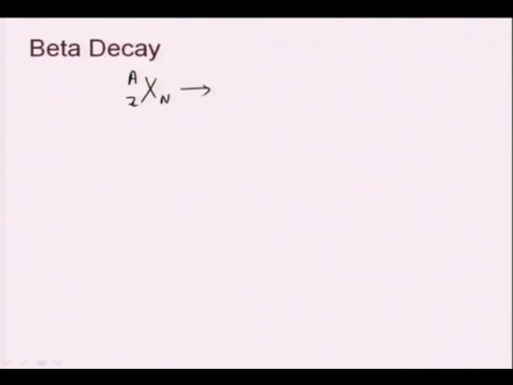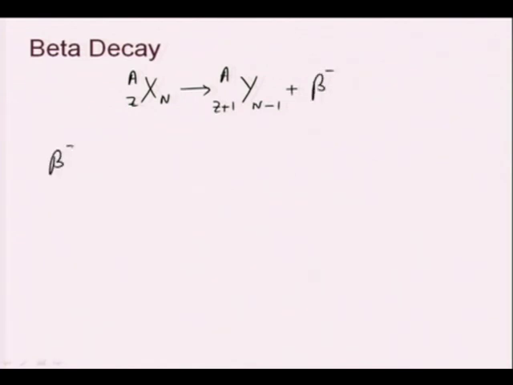This decays to another nucleus Y with atomic number equal to Z plus 1, atomic mass remaining the same, therefore, n is reduced by 1 unit, along with the emission of beta particles.